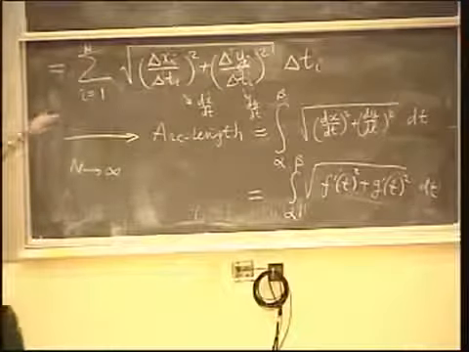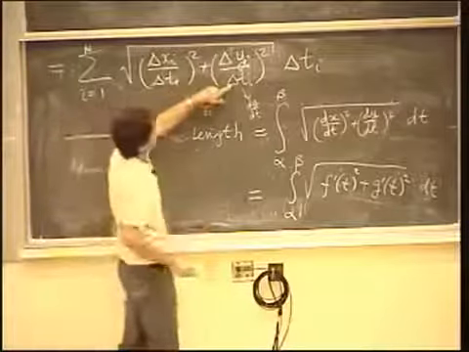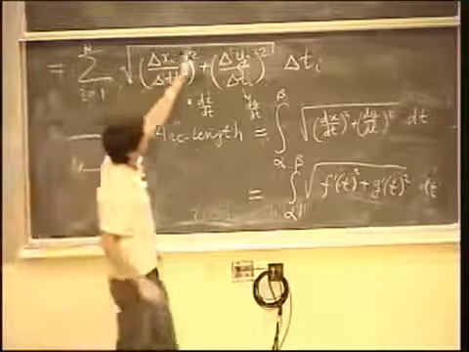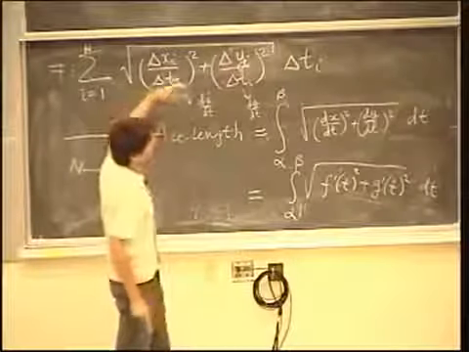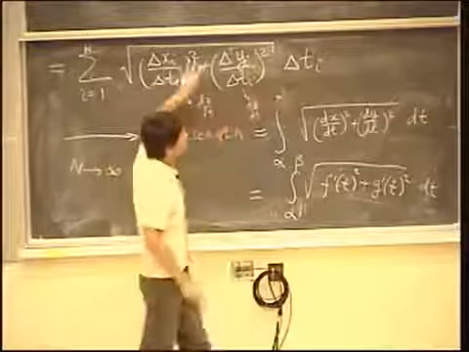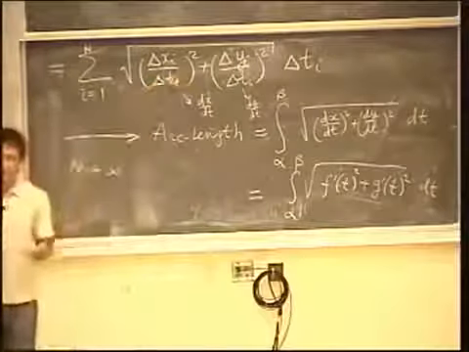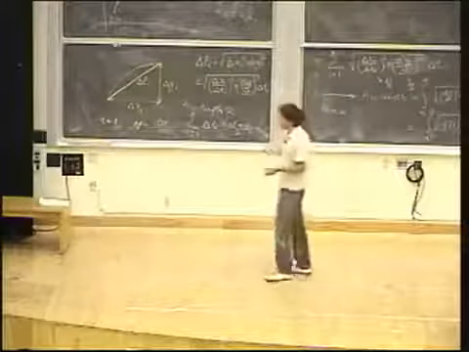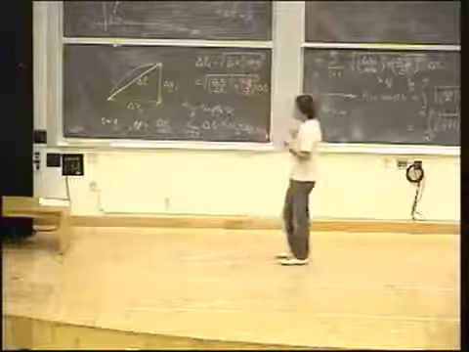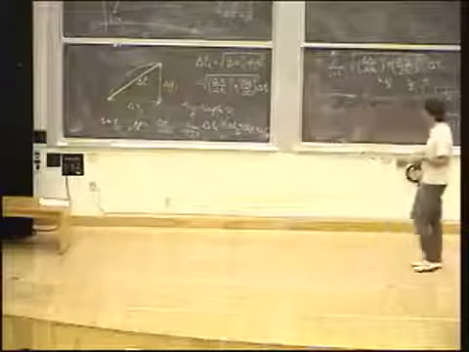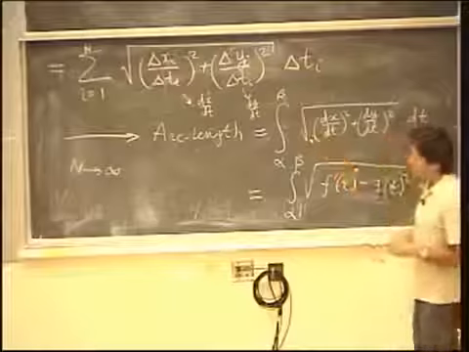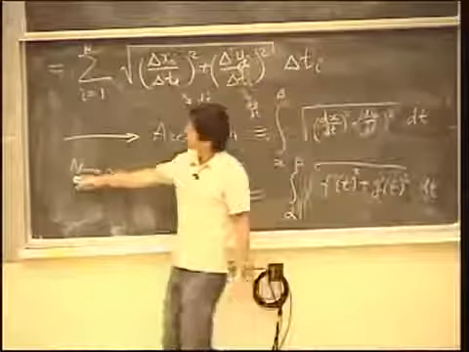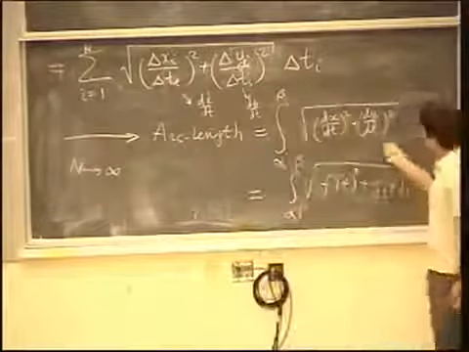And inevitably we end up with an expression like this, where you have a summation over all pieces in the partition, where you have some expression involving your parameter, in this case t, times delta ti. And under good circumstances, and in this course we don't really discuss the subtle points here about what are the conditions on the functions f and g, but let's just say good circumstances which are known and well understood. All the functions which we will study in this course will satisfy those conditions. Under those conditions, this sum in the limit when n goes to infinity, when the partition becomes more and more fine, becomes an integral like this.